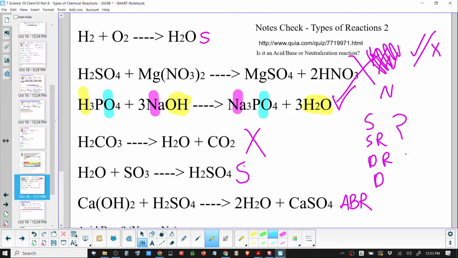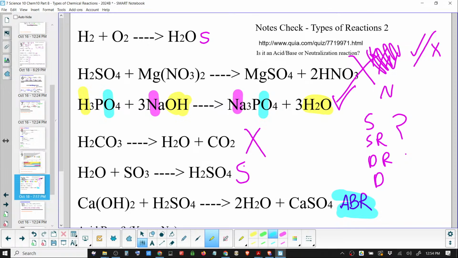So acid plus base, H and OH make water, and then the 2 parts of the salt compare on the other side. So if you see that pattern, particularly the H and OH, you know you've got an acid-base reaction. Someone put ABR, and I don't know what that means. Acid-base reaction. Oh, that is an acid-base reaction.